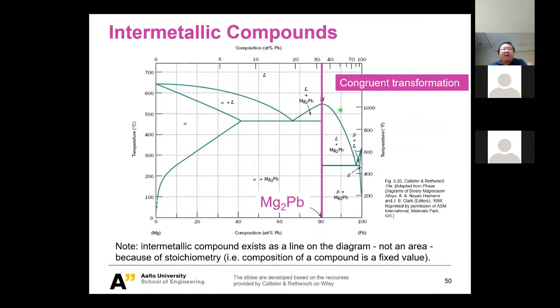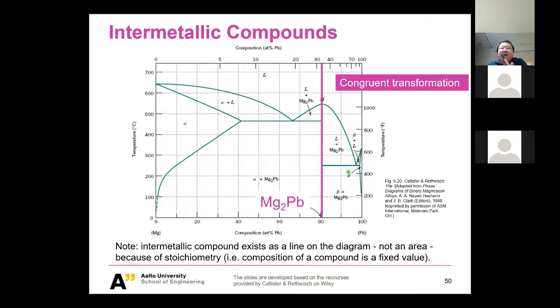And you could see that these intermetallic compounds appear in your phase diagram as a line. So they don't change their composition at all. A very unique feature about this intermetallic compound is that if you heat it up or cool it down, you will see the composition doesn't change when you go from solid to liquid.